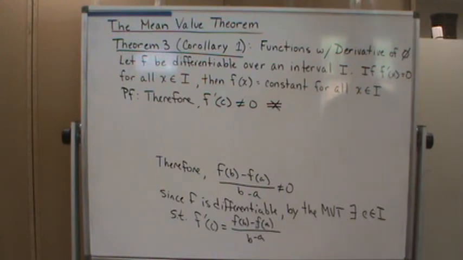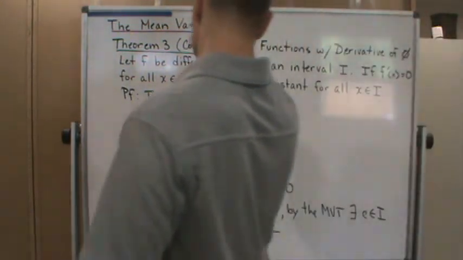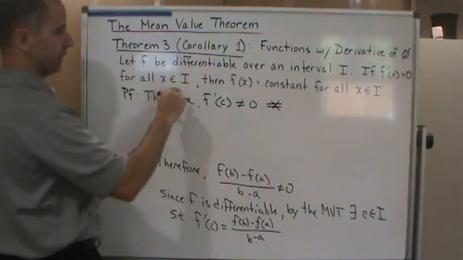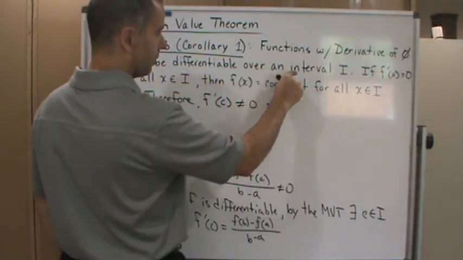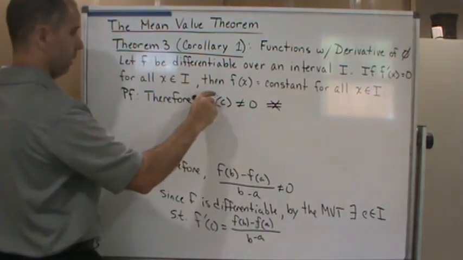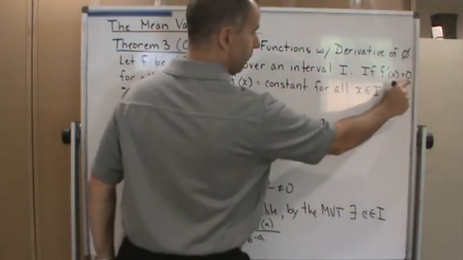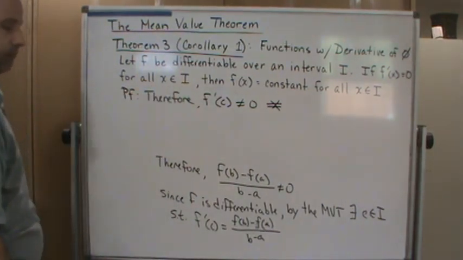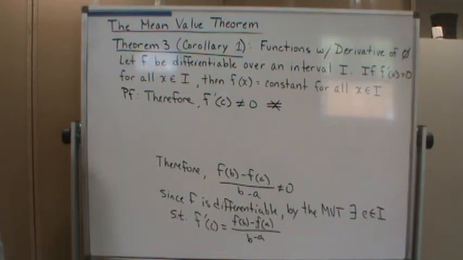Oh, right. Okay, I see. Part of the assumptions here is that f prime of x is equal to 0 for all x in I. And that's where the contradiction occurs.